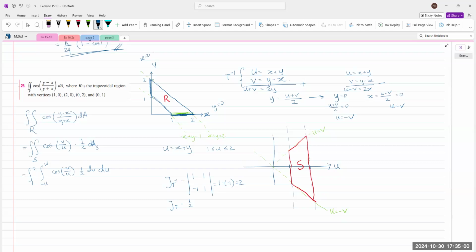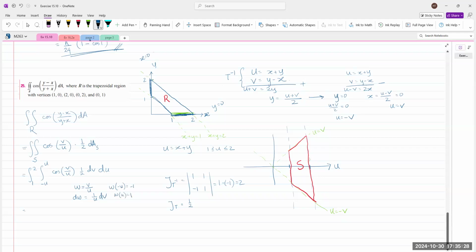Okay, now to integrate cosine of v over u, it seems like I have to use substitution, huh? Let w equal v over u, so dw will be 1 over u dv, is it right? Okay, the limits of integration: w at negative u will be negative 1, w at u will be positive 1.